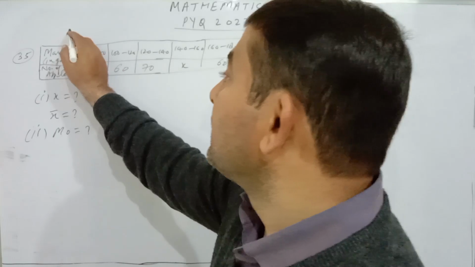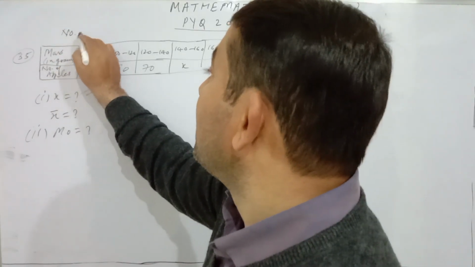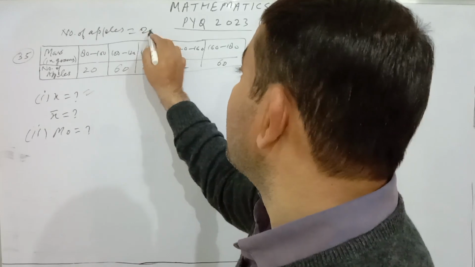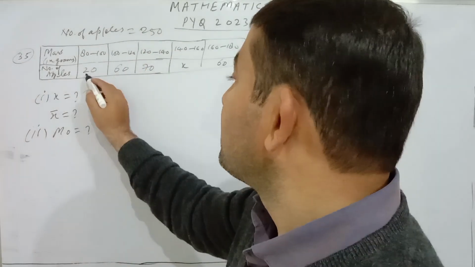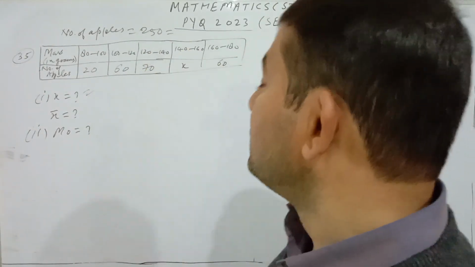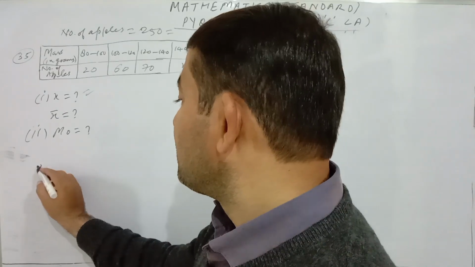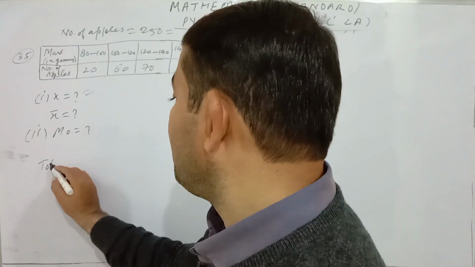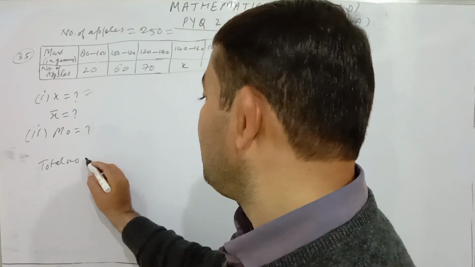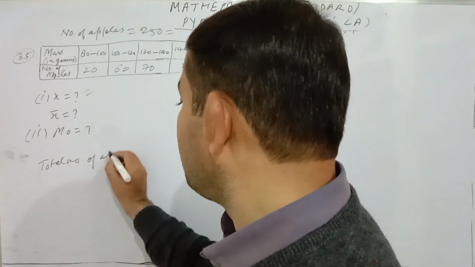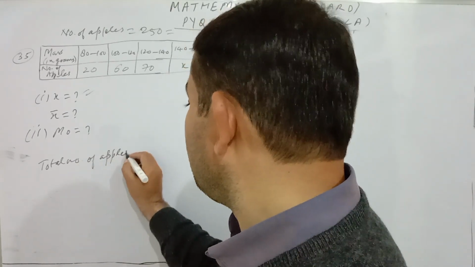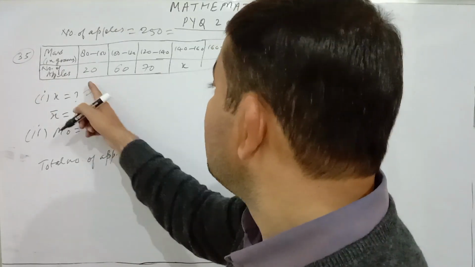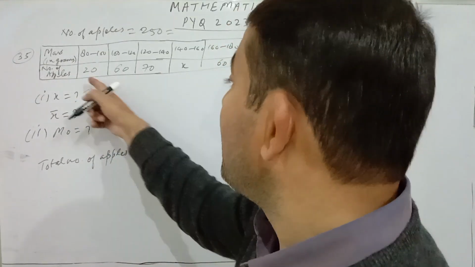We are given here the total number of apples, 250. So the sum of these frequencies will be equal to 250. So total number of apples equals 20, 20, 60. We will add all these.